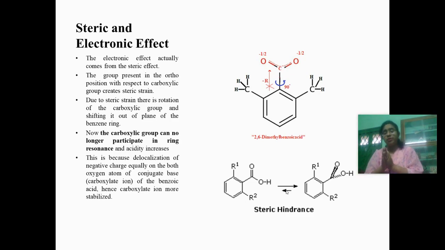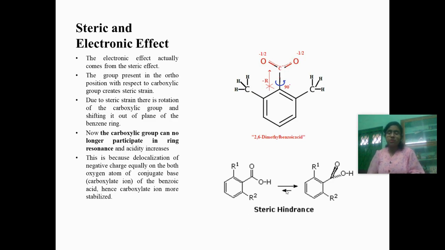So, all over, we can say that due to steric and electronic effects, if there is any substituent on benzoic acid at the ortho position, the acidity will definitely increase. Whatever the substituent, acidity will increase. But the amount of increase in acidity will depend on the size of the substituent.